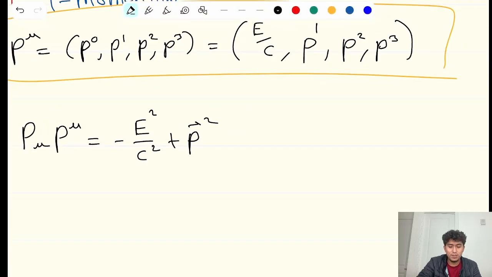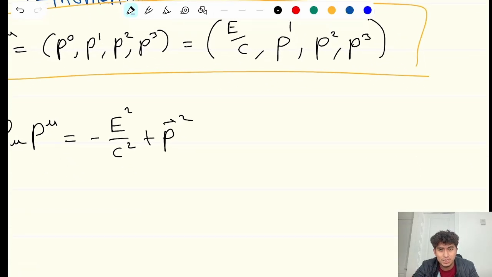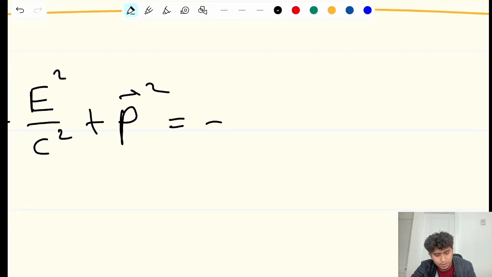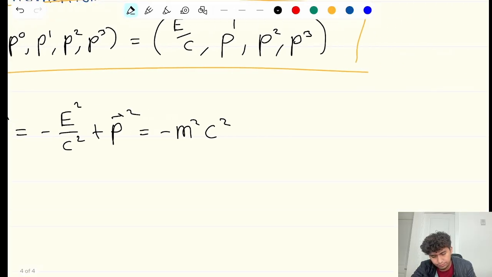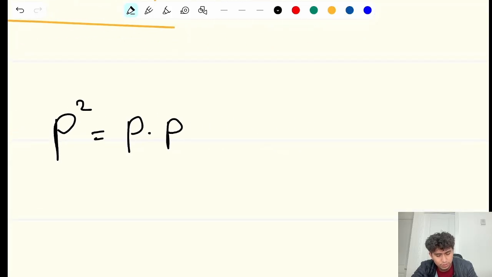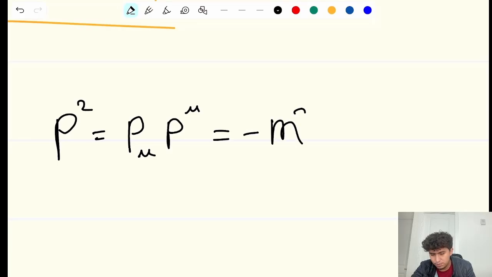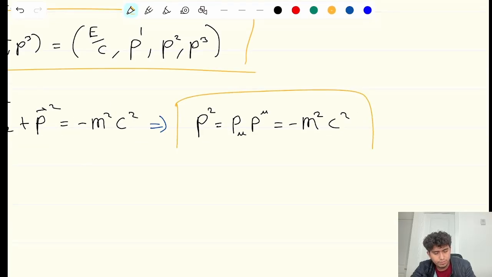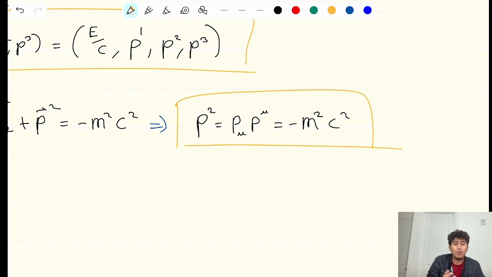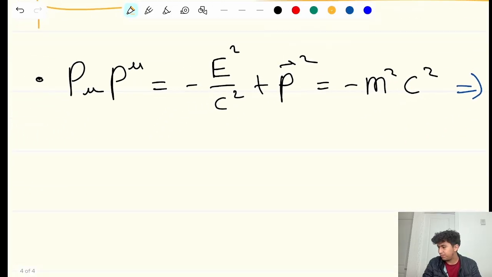If you use the fundamental special relativity relation that we just put here, then you get minus m squared c squared, which means that whenever you square a 4 momentum, or take the dot product of the 4 momentum with itself, it's always going to be equal to minus m squared c squared. Cool. Very important in some classes. I don't know why professors like to ask this random fact, so you can answer this.